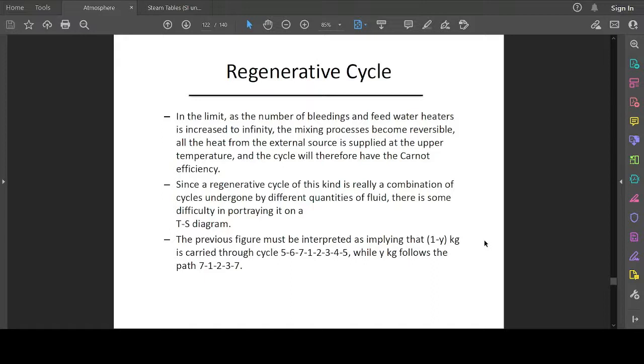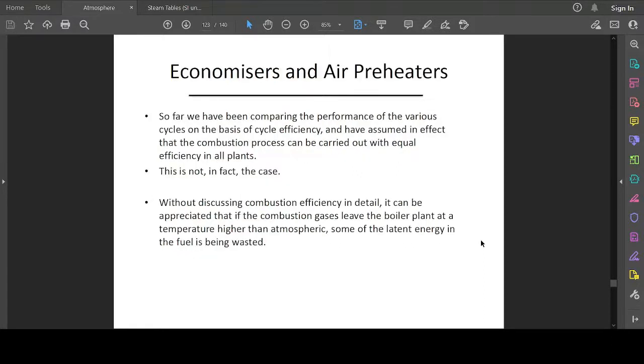So the previous figure must be interpreted as implying that 1 minus y kilogram is carried through cycle 4, 5, 6, 7, 1, 2, 3, 4, 5, while y kilogram follows the path 7, 1, 2, 3, 7.